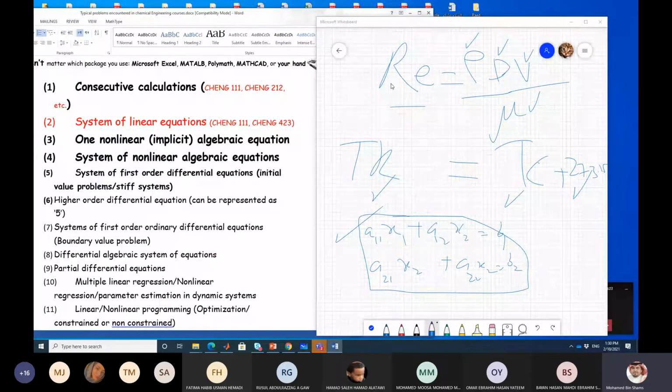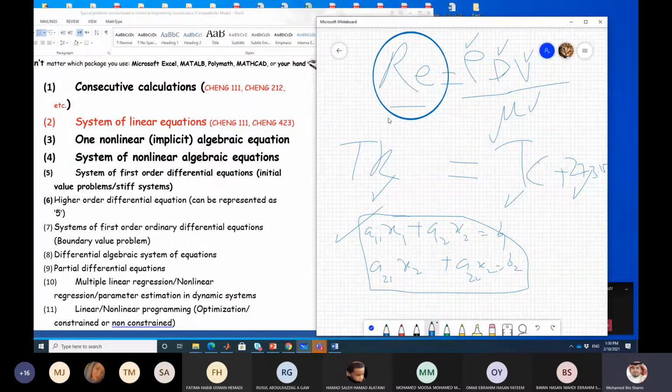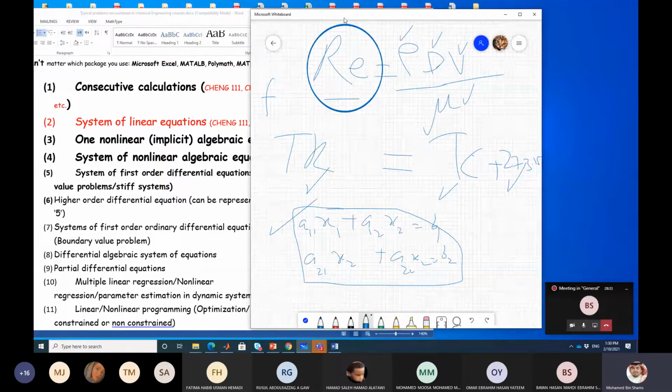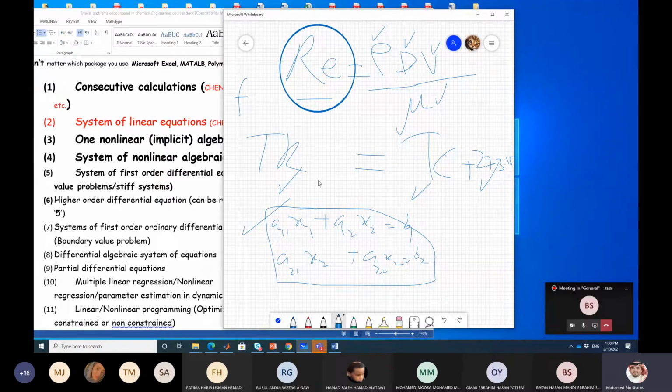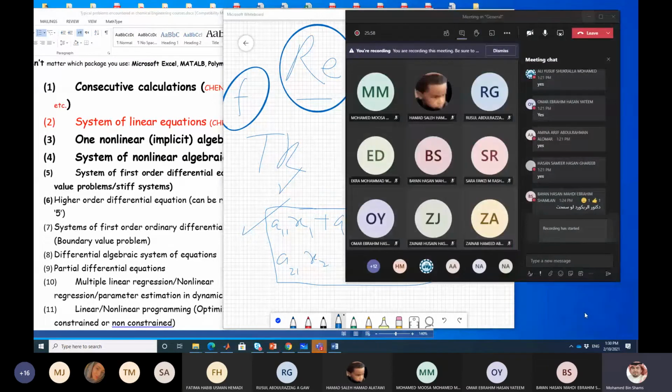In fluid mechanics, when you have a turbulent system or the flow is turbulent, how do you calculate the friction factor? Anyone can tell me if I have a turbulent system or a turbulent flow, how we calculate the friction factor? Does anyone know the equation that we use to calculate the friction factor for turbulent flow?